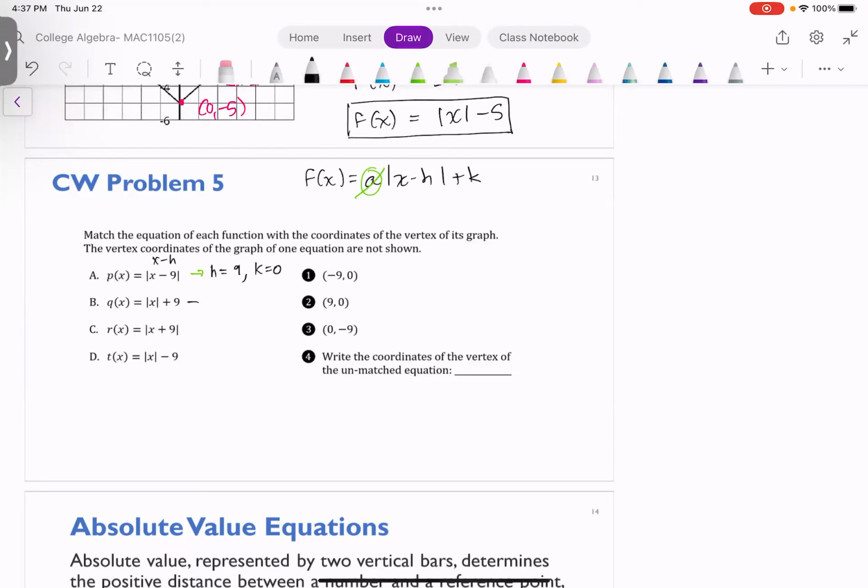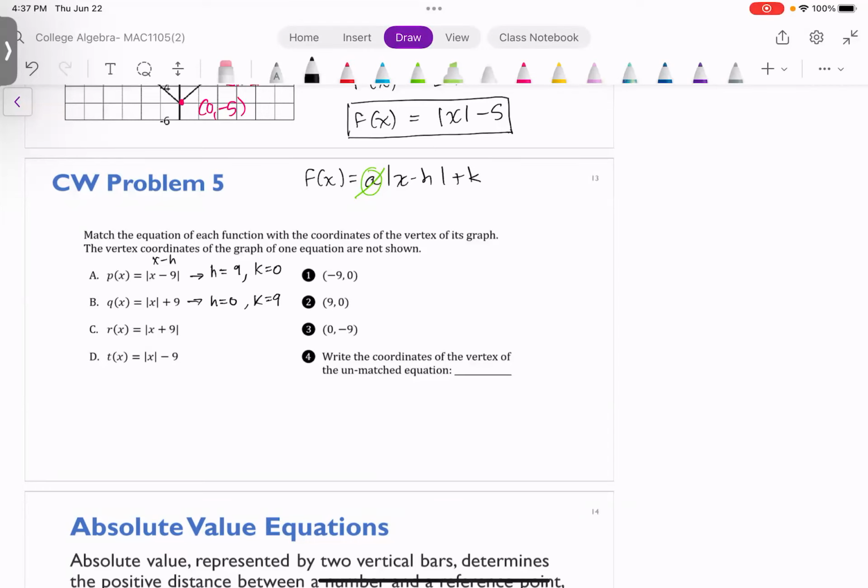In my second equation, k is positive 9, because that's the number being added on the outside of my absolute value. But inside of the absolute value with x, I have x minus nothing. So that means h is equal to 0.